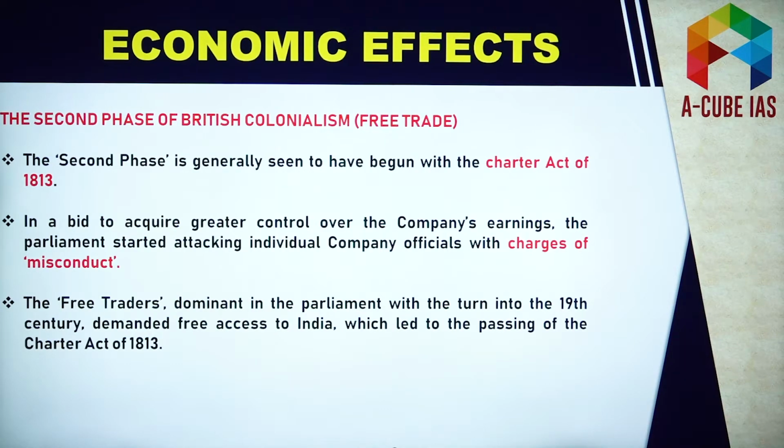These free traders were dominating in the parliament, and they started demanding free access to India. And this led to the passing of the Charter Act of 1813, and this act ended the monopoly enjoyed by the company in India. Okay, so this is how the Charter Act of 1813 was enacted.